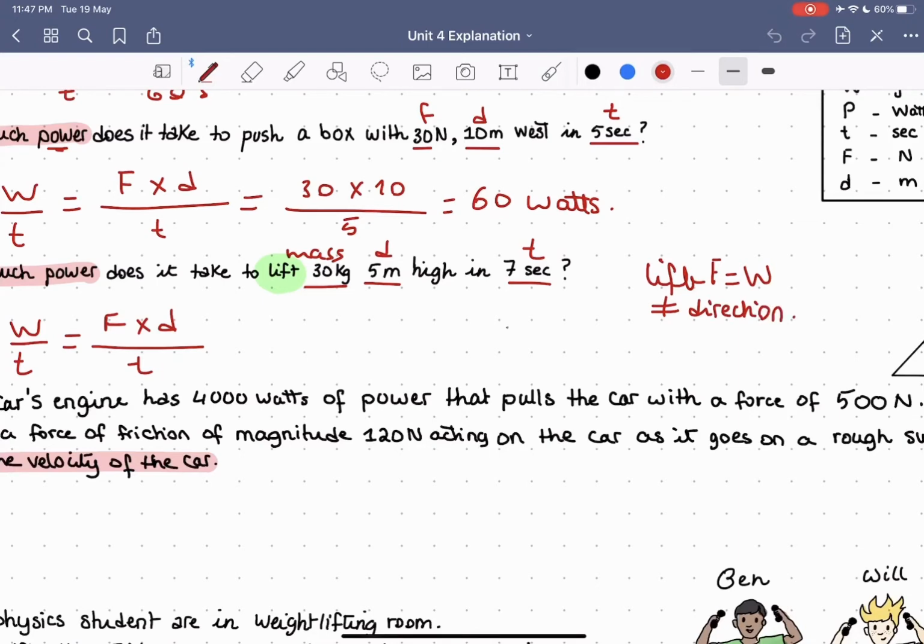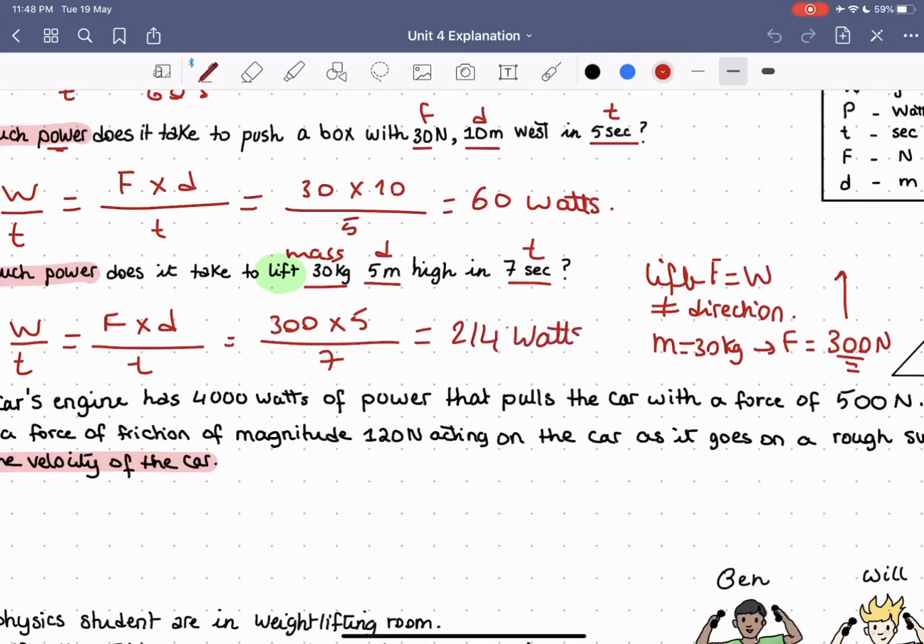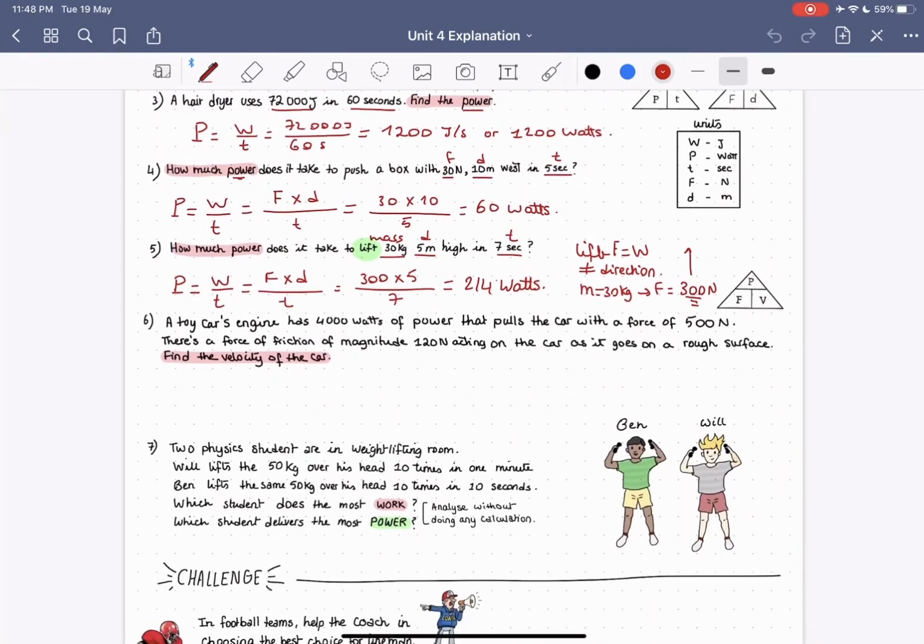And so since the mass here is equal to 30 kg, the force of weight is equal to 300 Newton, and this is the force needed in order to lift the object upwards. So it's going to be 300 multiplied by 5 over 7, and this will give you around 214 watts.